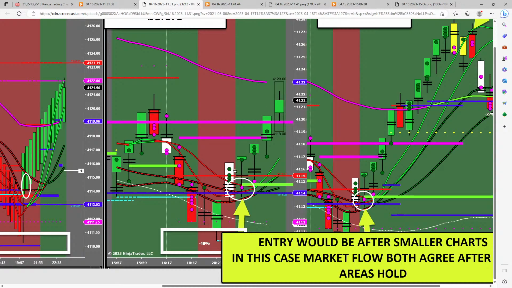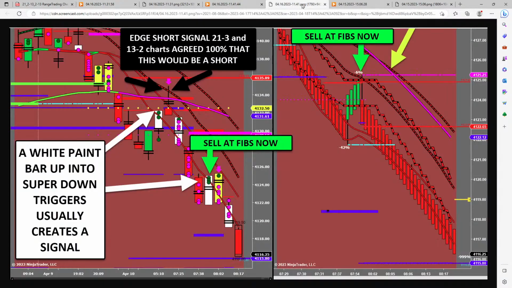That's the whole thing about a white paint bar. It's a volume spike, if you will. So are they spiking it to break out, or are they spiking it to reverse against you? Anyway, the whole point is, if you get a white paint bar up and the triggers are really down, you usually get a signal. Now that was way up here.